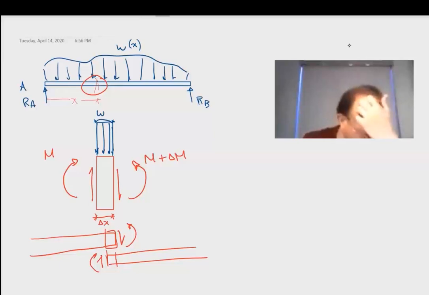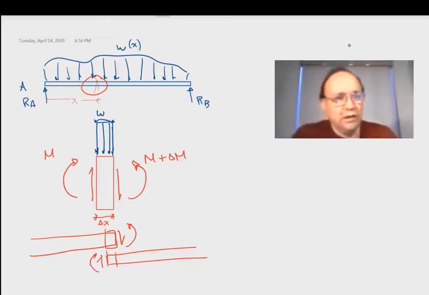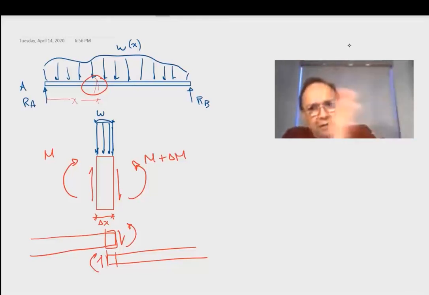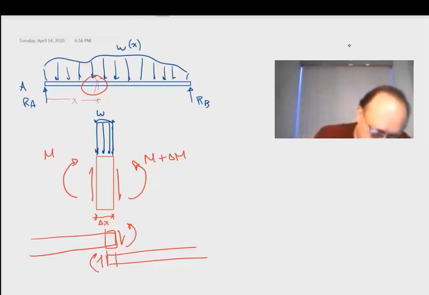So we are going to establish the equations of how the shear and the moment develop as you move along the length. So if this is the shear V, this will be V plus delta V. What does that mean?